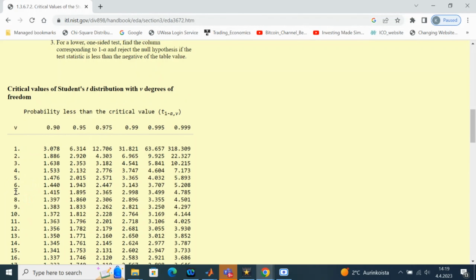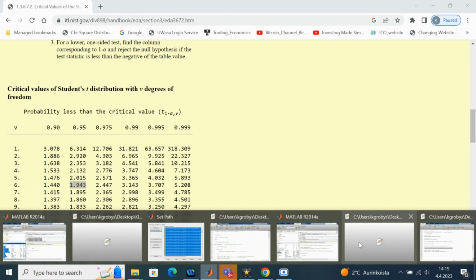So that's why we have to subtract 2 and end up with the t-distribution with 6 degrees of freedom as a reference distribution. And the one-sided test using a 5% significance level is 1.94.